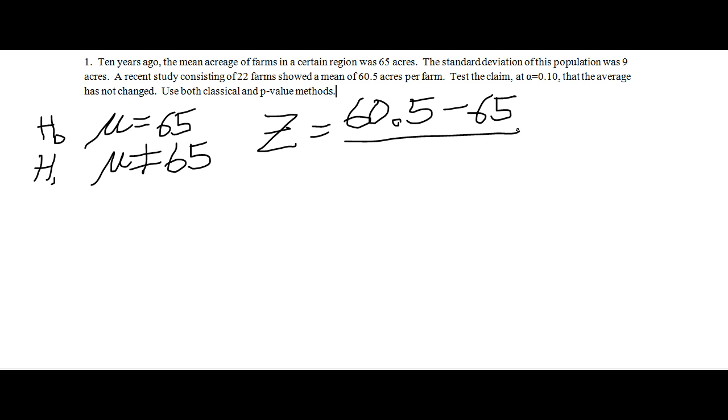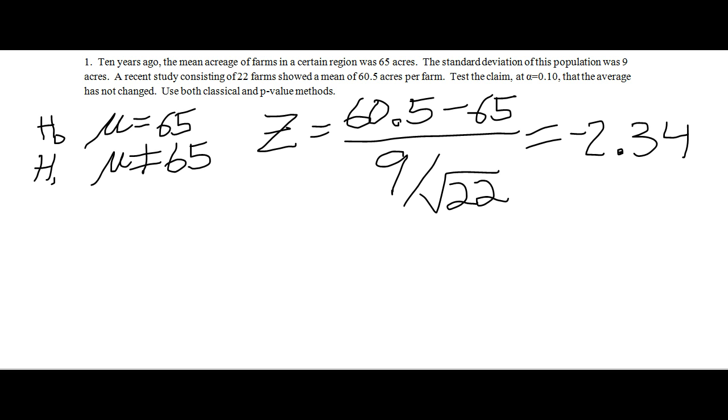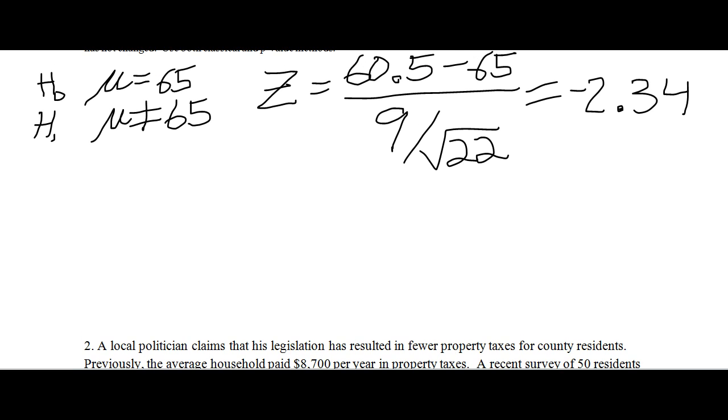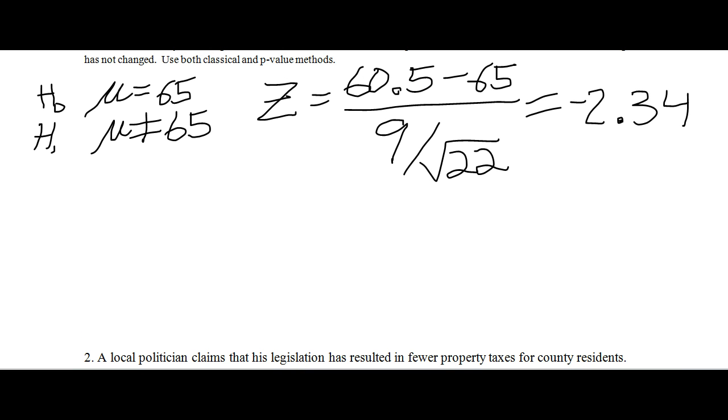The standard deviation of the population was 9, and of course we have to divide this by the square root of n, which in this case is 22. We figure that out, and it comes out to negative 2.34. So let's think about what that means in terms of the p-value.